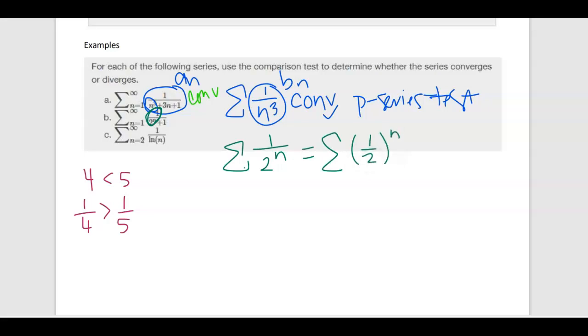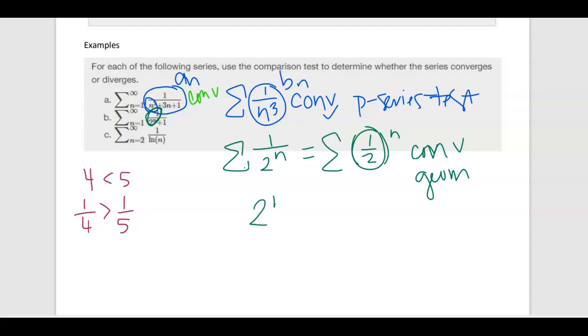Well, this is going to converge because it's a geometric series with r less than 1. Now, if you're going back to the geometric series, yes, it needs to be n minus 1, and we're not finding the sum, so I'm not worried about taking the a out and finding all of that. I just know that because the absolute value of r is less than 1, this is a convergent series.